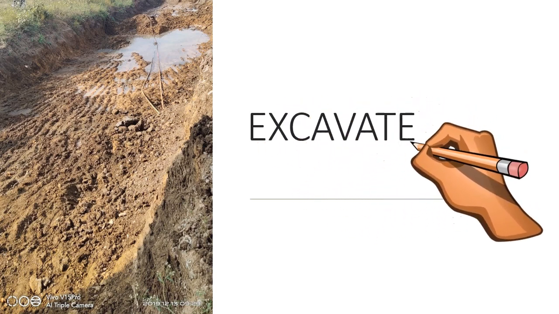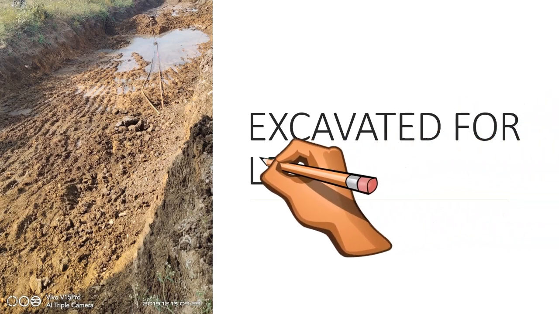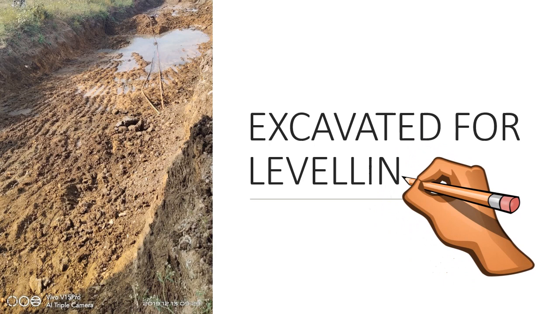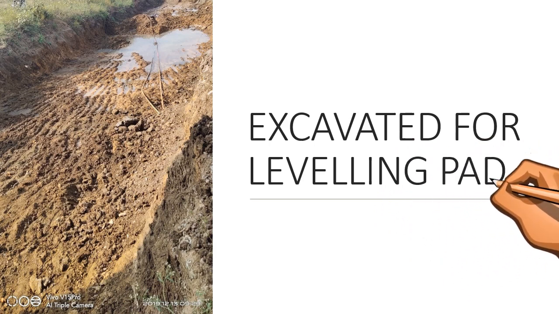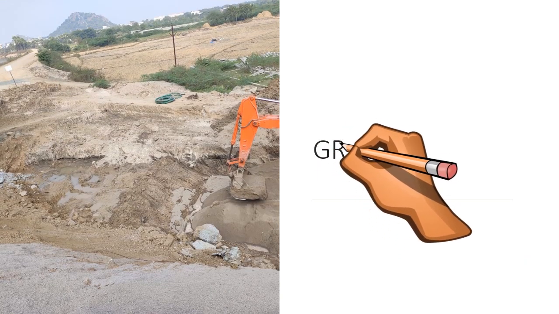And this is how it is excavated for the leveling pad, ready for the leveling pad. And moreover, if you encounter any water pipelines or underwater cables or utilities, they have to be removed. And whatever black cotton soil pockets are observed here have to be removed up to 500, and the ground has to be improved because of the unsuitable soil.